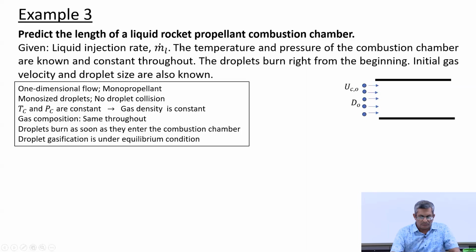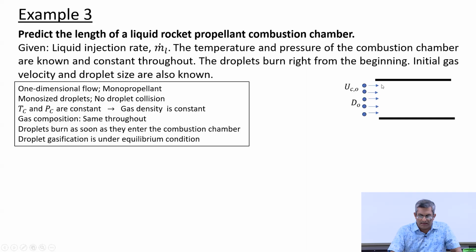The problem is to predict the length of a liquid rocket propellant combustion chamber. How do we predict the length of the combustion chamber when the liquid injection rate is known? And also we make some suitable assumptions here.